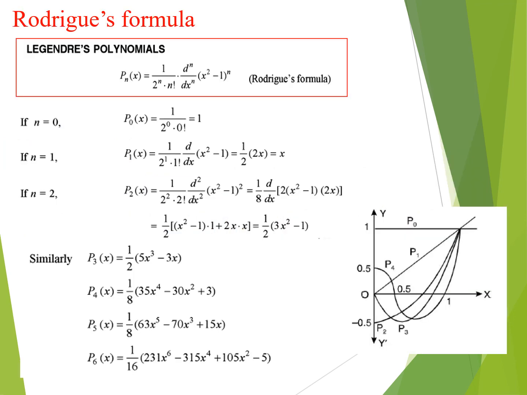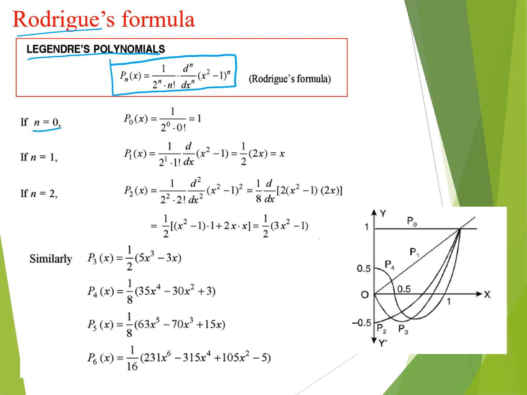Now the Rodrigues formula. The Legendre polynomial is expressed by the Rodrigues formula, that is Pn(x) = 1/(2^n n!) times the nth derivative of (x^2 - 1)^n.